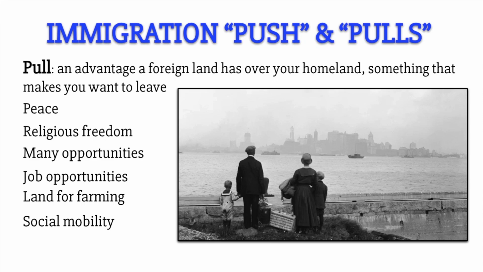Religious freedom to practice openly, to have access to opportunities for yourselves and for your children, job opportunities, the ability to make a good living and decent wages, the opportunity to own your own land and to grow and to prosper that way, and especially social mobility, something that the United States always prided itself on, that you were able to move up in society. So in terms of immigration, we have pull factors and push factors.